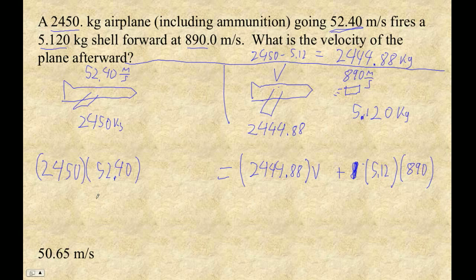Okay, so let's do this. 2450 times 52.4. Holy cow. Okay, and that's 128,380. And then let's see, 5.12 times 890.